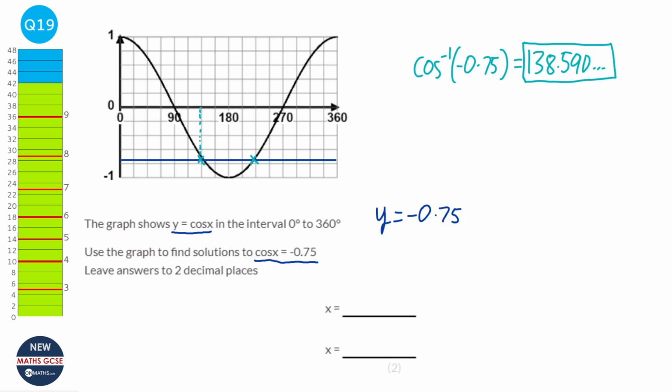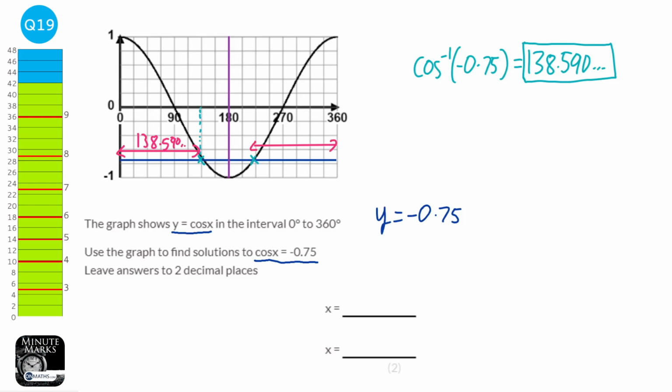If you look at the graph, we've got this point here, and if I draw a line up, the whole graph is symmetrical. Do you see it? The whole thing is symmetrical. So if the distance between the start and here is 138.590 and so on, then that distance must be the same distance as here.